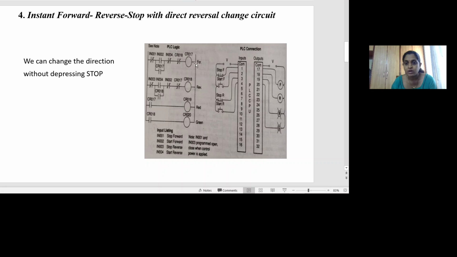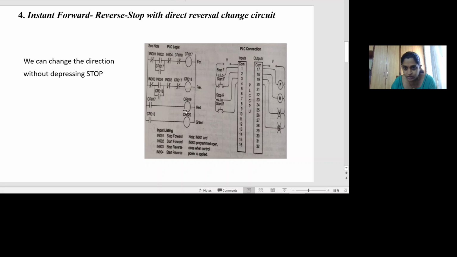Thereby, the output of coil CR17 is 0. In that way, it provides a mutual interlock. Similarly, here I have used a contact CR17. It is a normally closed contact. So CR18 and CR17 contacts together provide you the mutual interlocks.